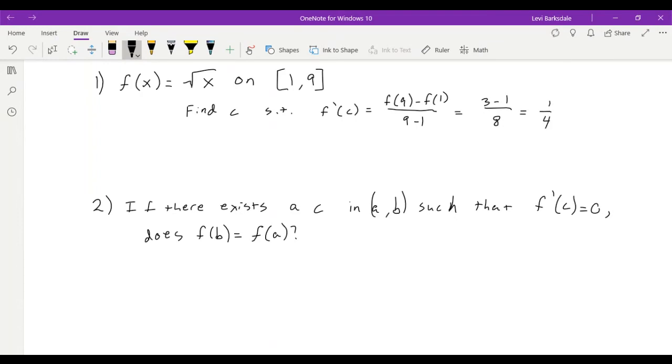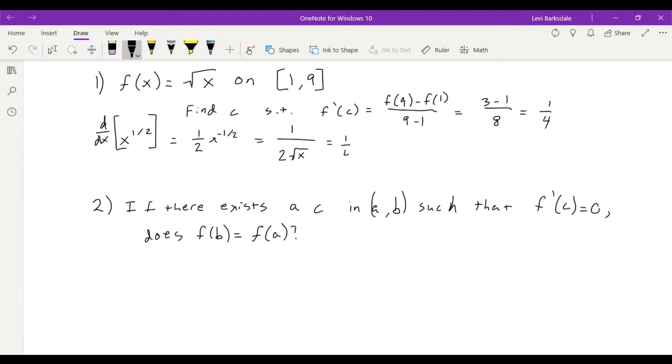Or in other words, we're trying to find a point C, the derivative of f of x. This is like x to the power of 1/2. So the derivative of it, by using the power rule, we would have 1/2 times x to the minus 1/2, which is equal to 1 divided by 2 square root x.